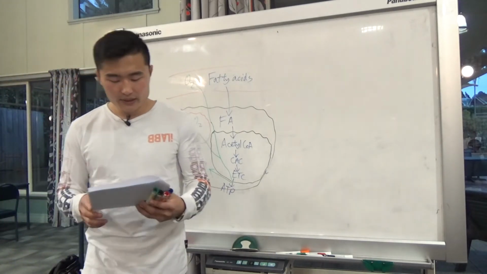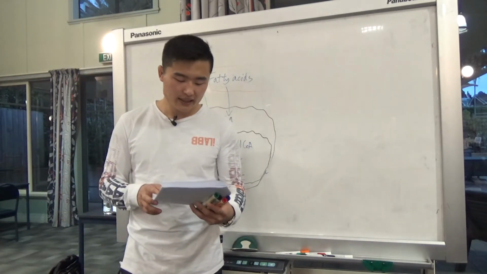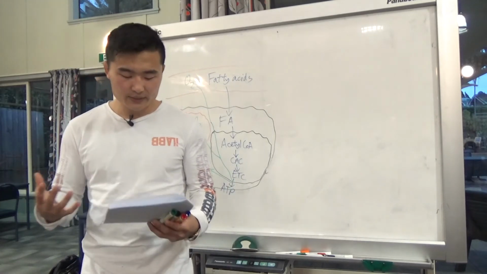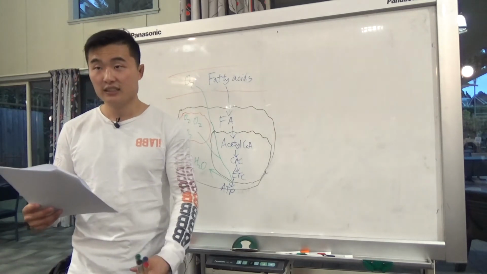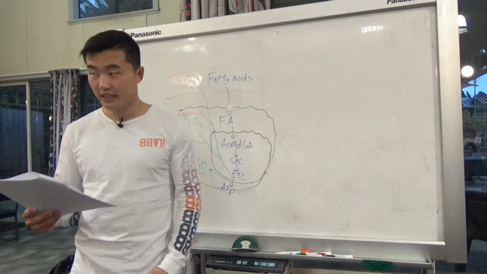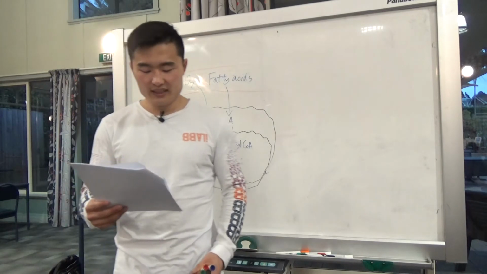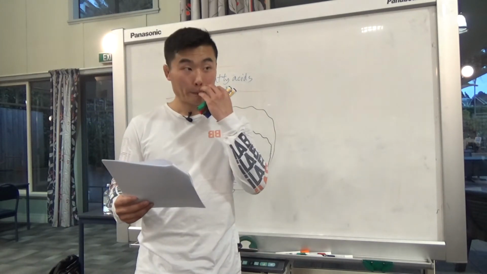So next question: leptin is a hormone that when present provides a signal to the brain to decrease food intake. Which statement is incorrect? So A, experiments with obese rats identified a homozygous mutation in the gene for leptin. True or false? Yep, it's true. And B, in humans, leptin is secreted from adipose tissue. Yep, it's true.